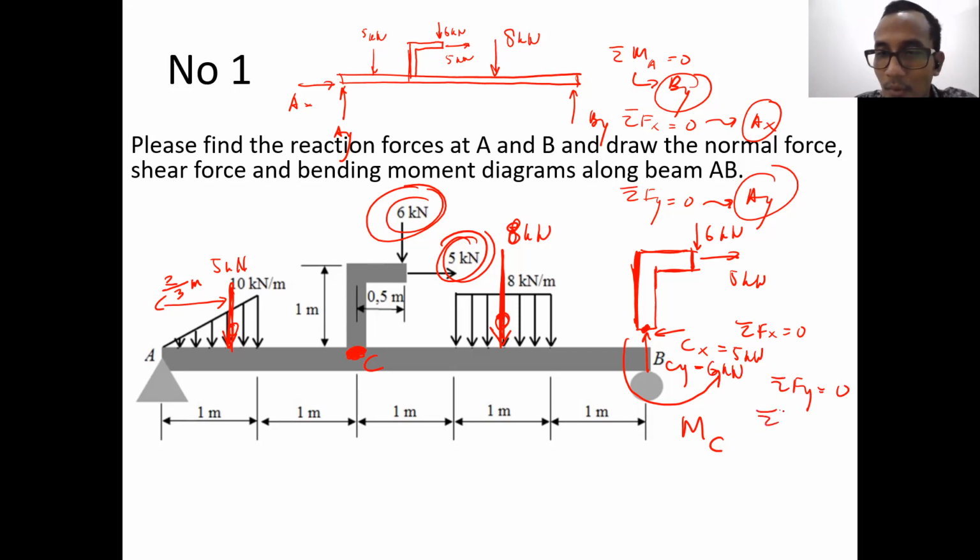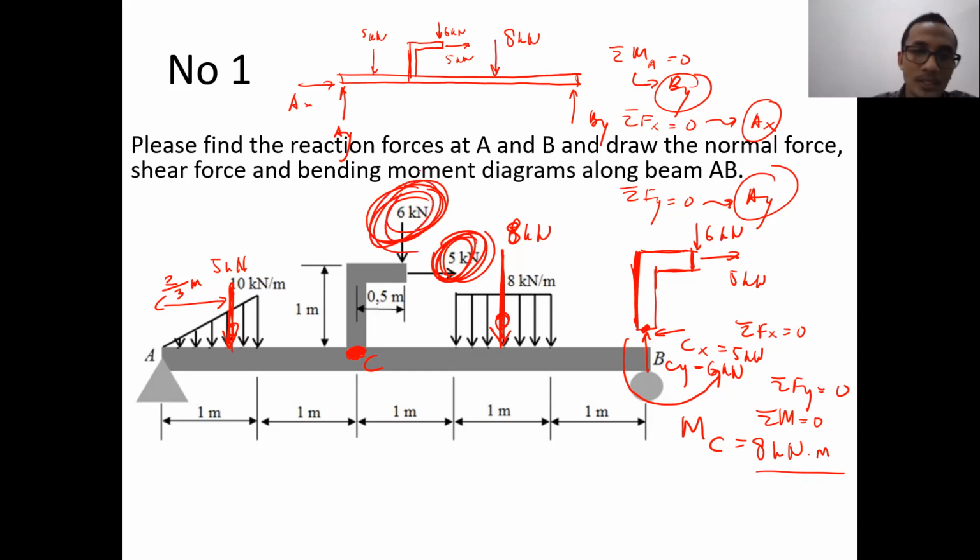And using sigma moment equal to 0, MC there is counterclockwise, it's supposed to be 5 kilonewton meters plus 6 multiplied by 0.5, so 3 kilonewton meters, so 8 kilonewton meters. 8 kilonewton meters here is because the moment due to 5 kilonewton is 5 kilonewton meters clockwise.